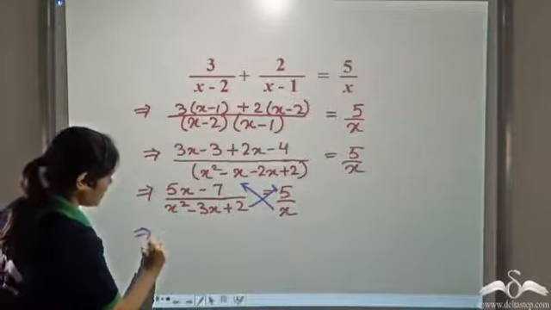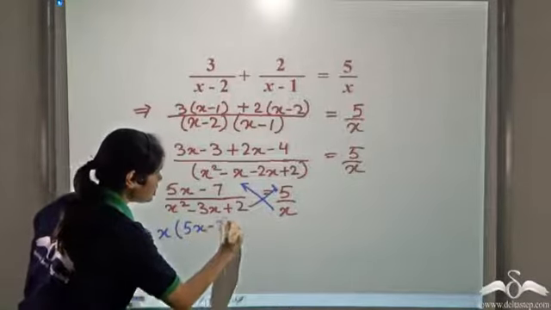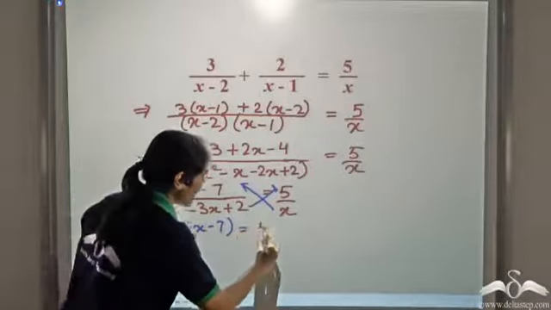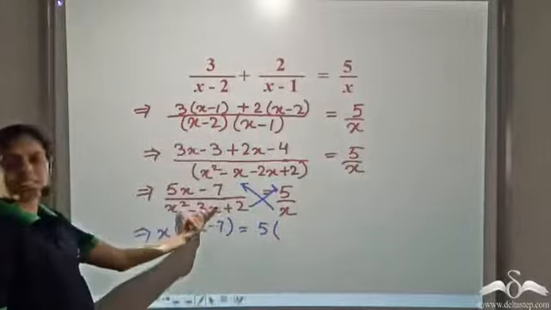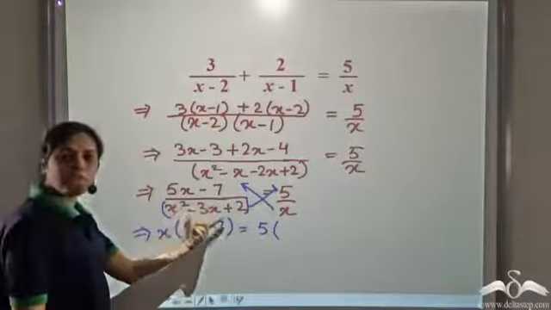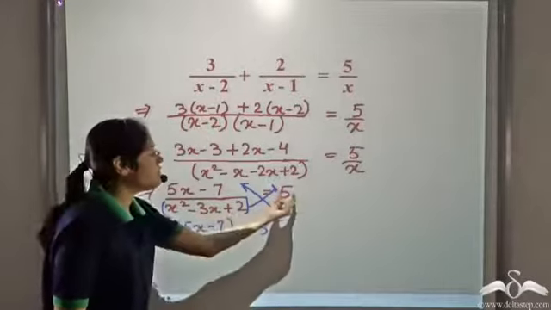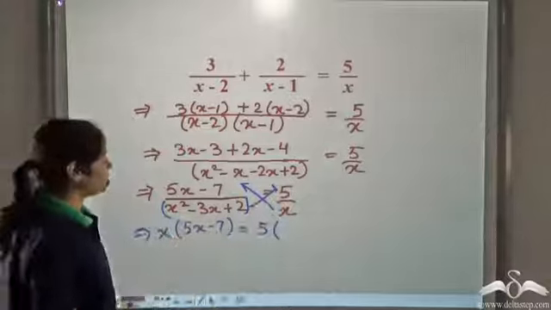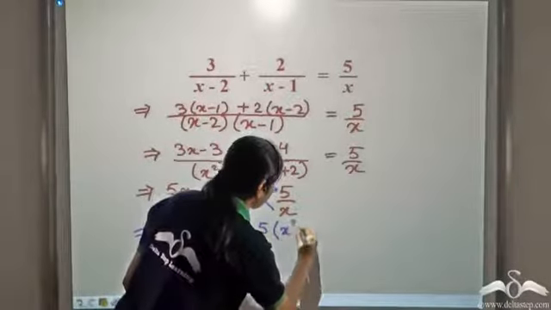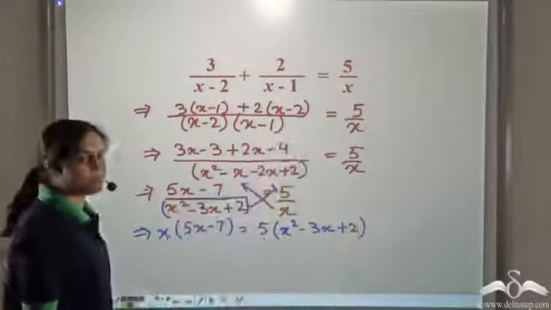So we get x into 5x minus 7 is equal to 5 into this entire thing, because this entire thing is the denominator of the left hand side. So this entire thing will be multiplied with the numerator of the right hand side. So 5 into x square minus 3x plus 2.